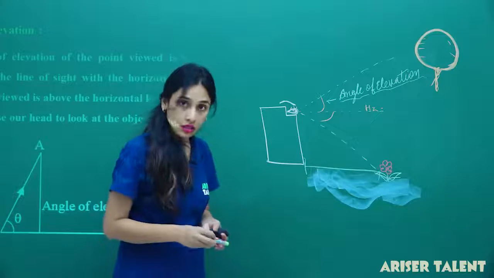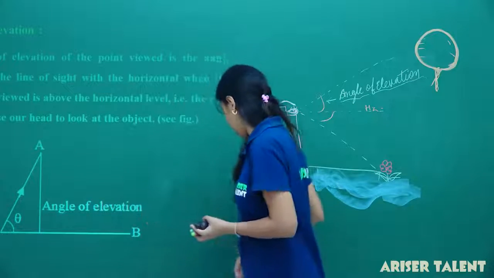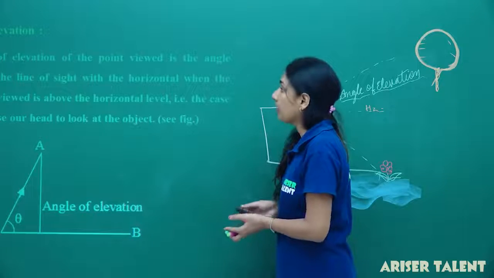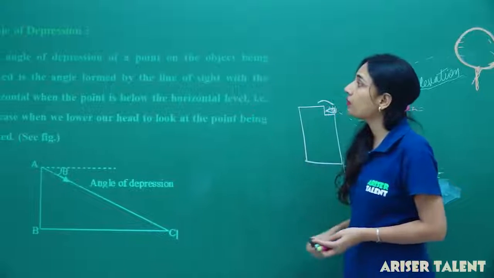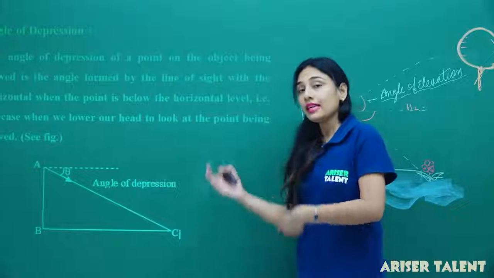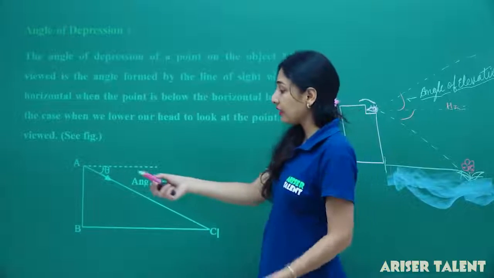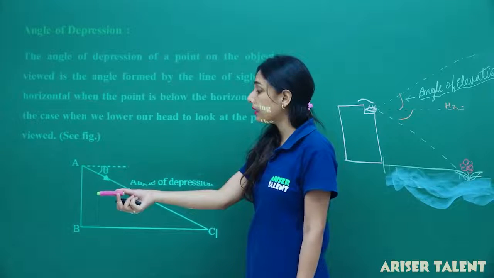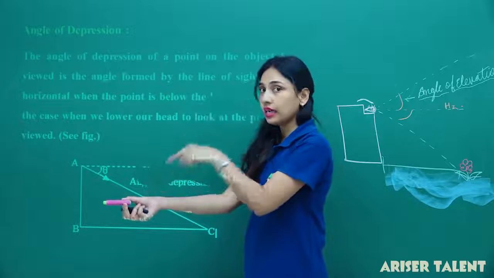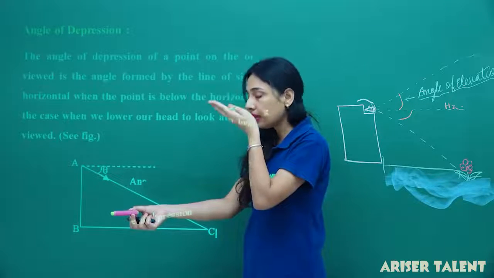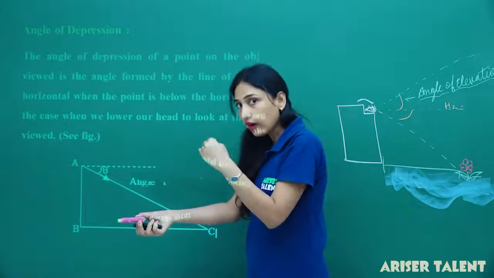Now the second one. Okay, the second one is angle of depression. The next case, the second case, when that was like here and I was sighting it, either my eyes or head are bending downwards.